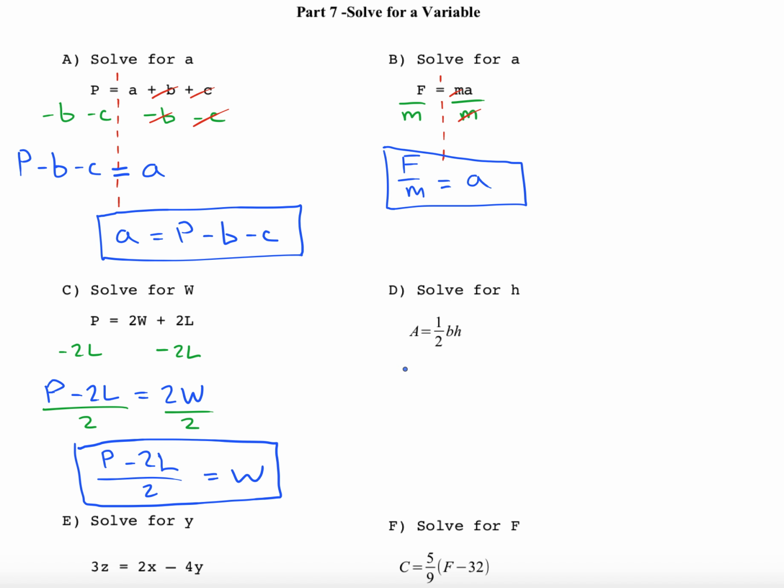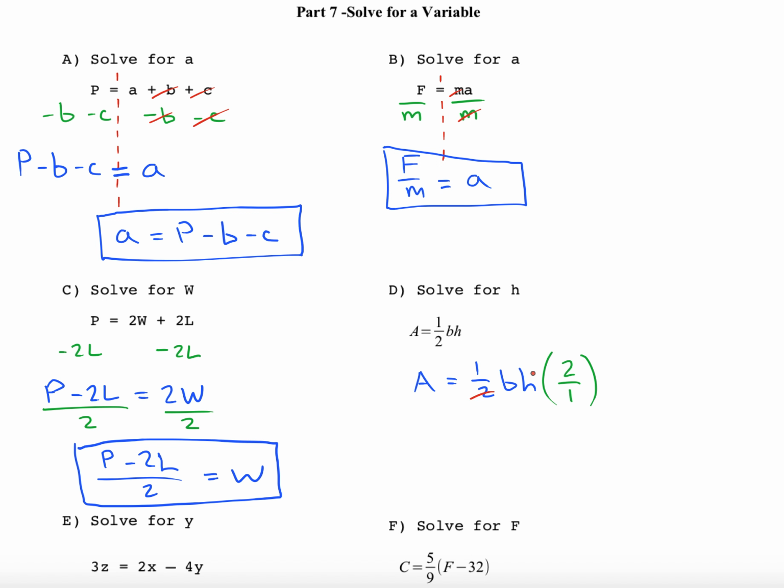Let's solve this formula for h. First thing I might do is get rid of the fraction. Now, in order to get rid of a fraction, we should multiply by the fraction's reciprocal. That's the same fraction but flipped.